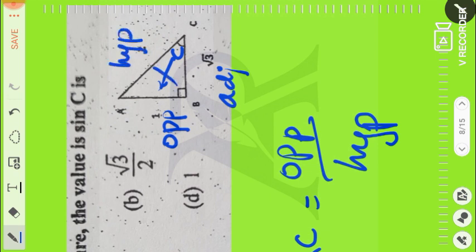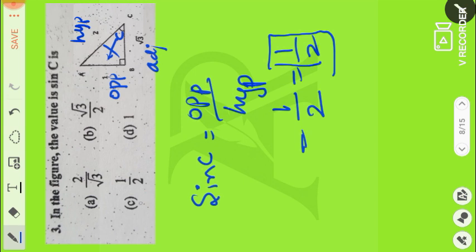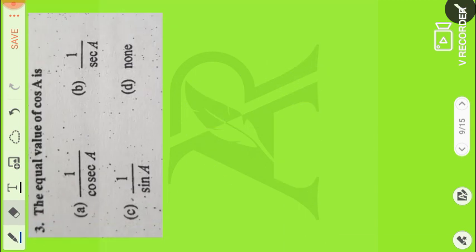Therefore, I will substitute the values here. The value of opposite is 1 and the value of hypotenuse is 2. Therefore, my answer is 1 by 2. Let us see the options. See option C, 1 by 2 is there. That is the correct answer. Let us see the next question. The equal value of cos A is.